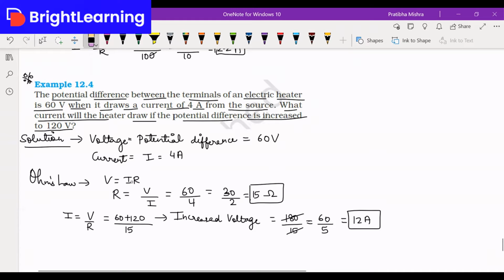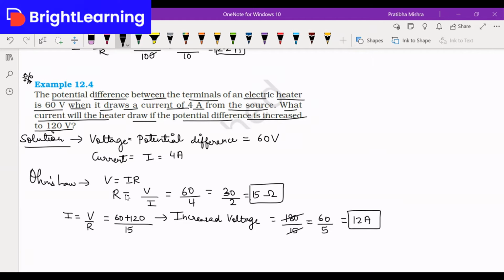First you find the resistance, which will remain the same because the material is not getting changed. If you increase or decrease the current or the potential, there will be no change in your resistance because you are using the same material.